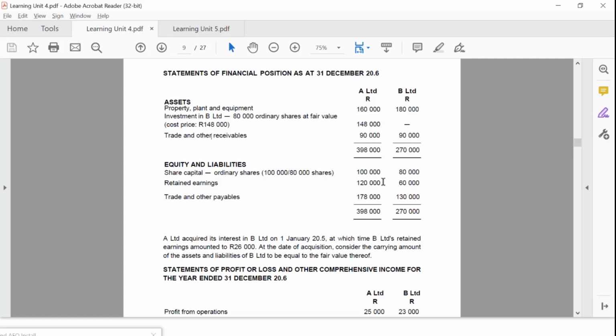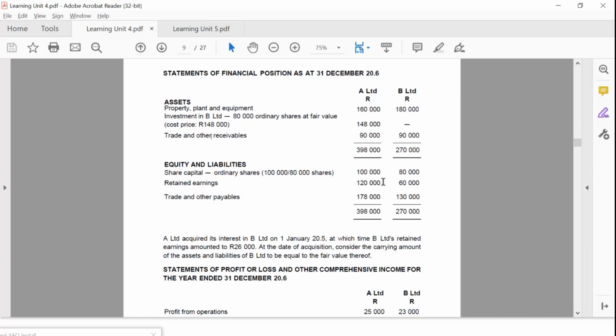Then you have investment in B Limited, 80,000 ordinary shares, costing 148. Then you have trade and other receivables. You have share capital of 100,000 and 80,000 for the parent company and subsidiary respectively. Then you have retained earnings, 120,000 and 60,000. Then you have trade and other payables, 178 and 130,000.